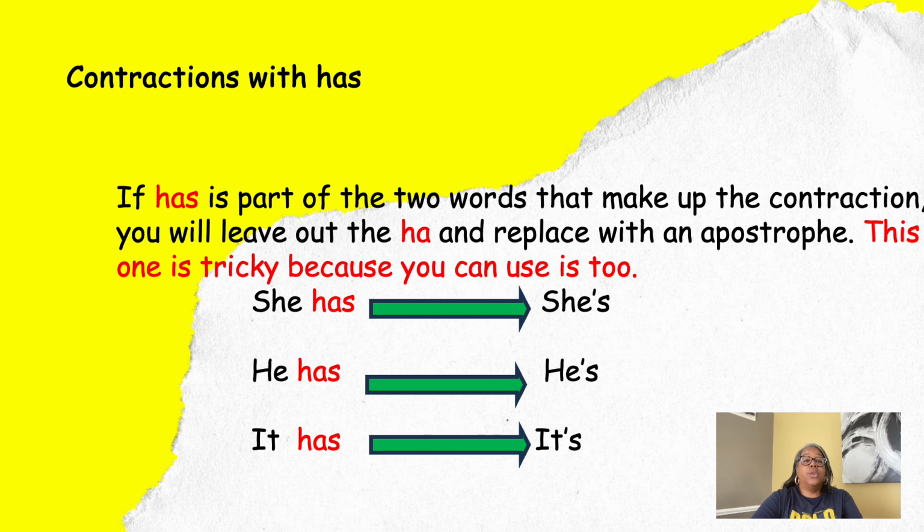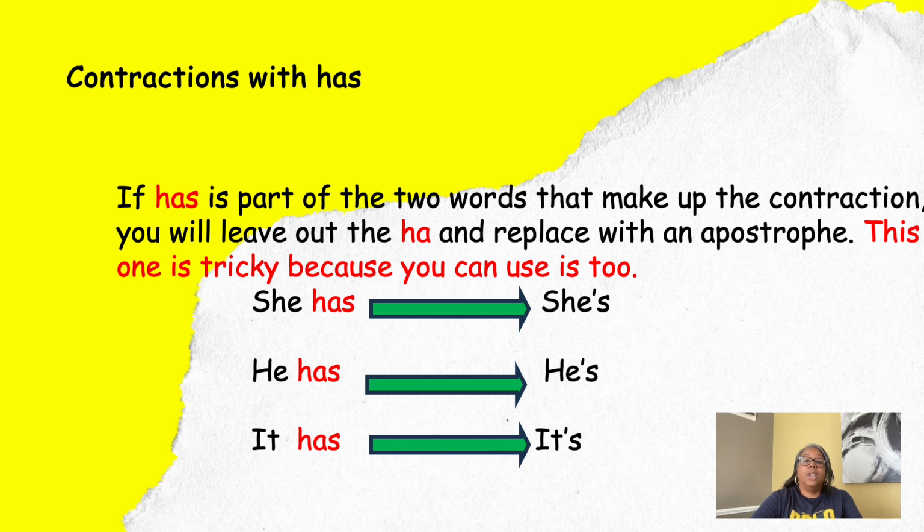Again, with contractions using the word has, you will continue to replace the H and the A. If has is part of the two words that make up the contraction, you will leave out the HA and replace it with an apostrophe. But this one is tricky because you can also use is.